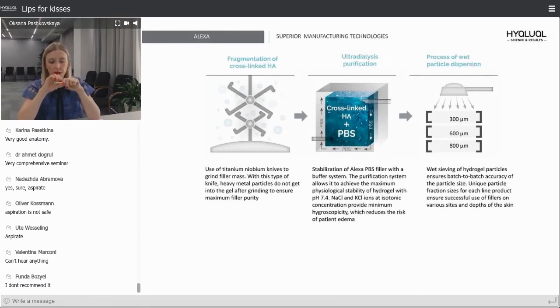And a few words about the producing of the filler. Of course, for me as a doctor, it's very important that the drug which I inject is safe for the health of my patients. So it's pretty nice that the company Hyaluronic has its own producing of the filler, and they just buy the hyaluronic acid like powder in Shiseido.